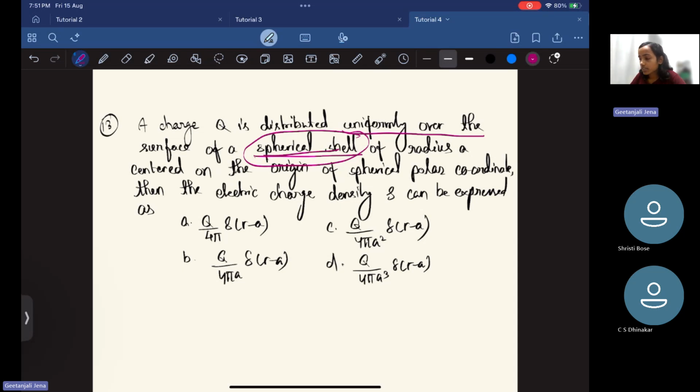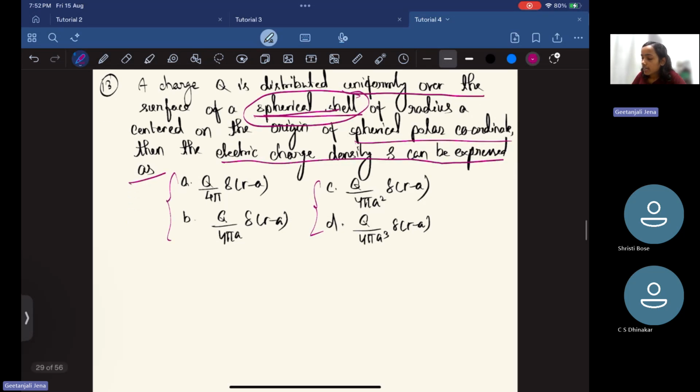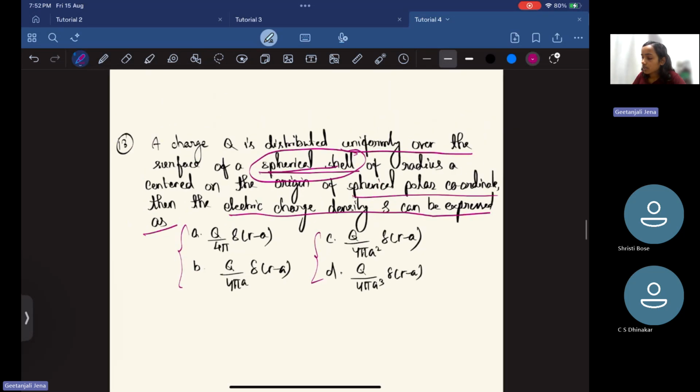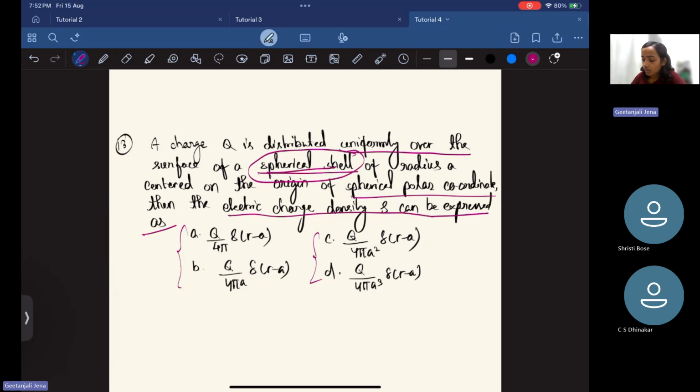So there is a spherical surface of radius A centered on the origin of the spherical polar coordinates, and the electric charge density rho can be expressed as, there are four options in terms of Q. So calculate it and let me see whether you are able to solve this problem or not.